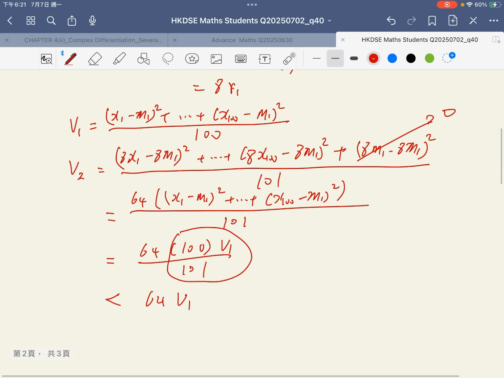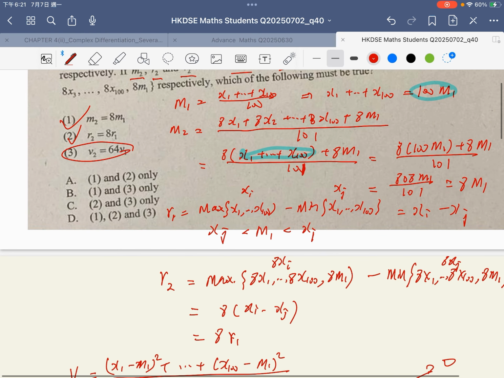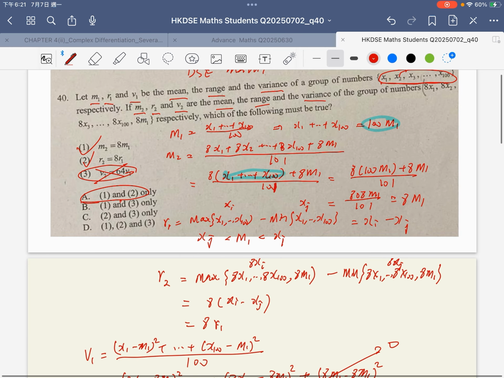Therefore, the answer should be V2 less than x squared times V1. Of course, the stated option is not true. Therefore, the answer should be A.